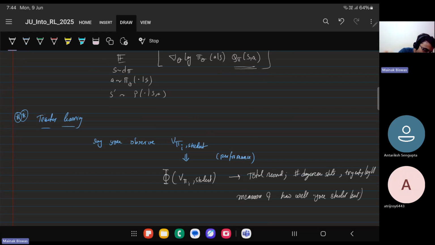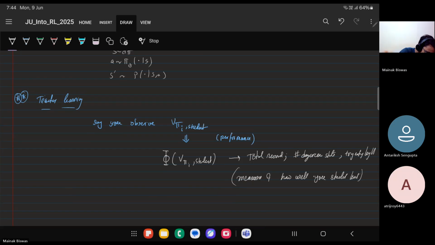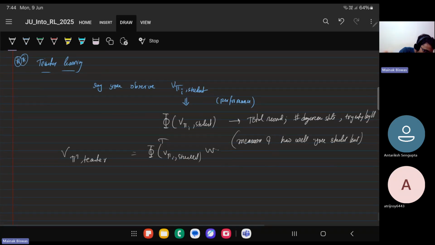So your value function for the teacher, V^pi_T, we can just say as phi transpose V^pi_i of student, times some W. Based on these value functions, I can estimate the value function of the teacher. And pi_T is what I will learn from the hypothesis space or whatever feature space that I have.